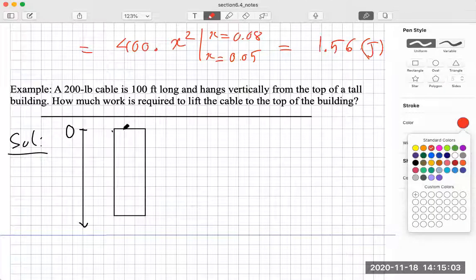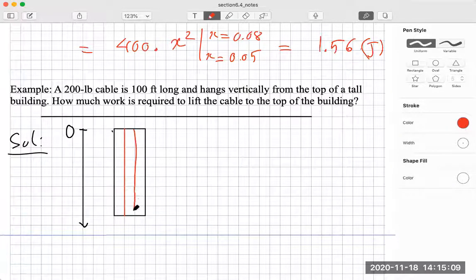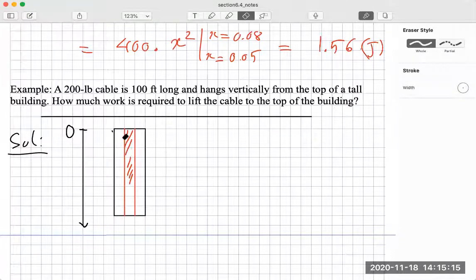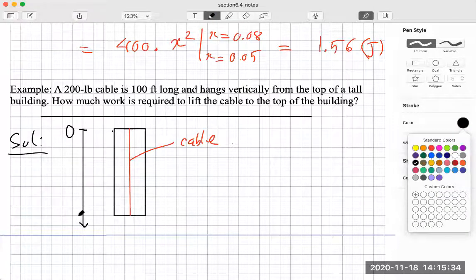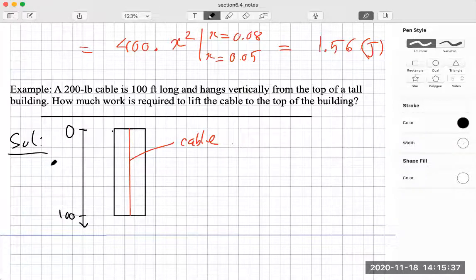And the cable is, suppose it is like this. Gravity, right? G is equal to 9.8.